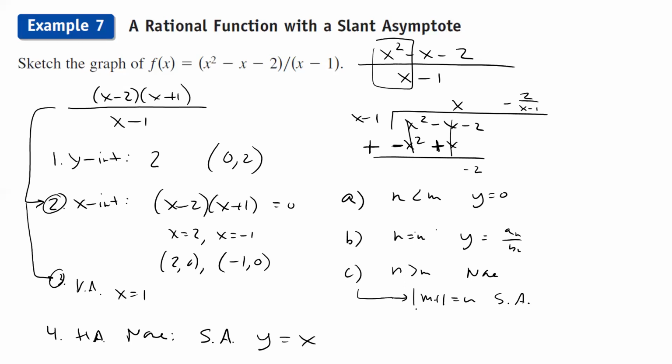Perfect. If it meets condition C, if you add 1 to the exponent of the bottom one and it's the same as the top one, that's when you get a slant asymptote. So Dylan, only if there's a difference of 1: you take the top exponent, subtract the bottom exponent, you get 1, then you have a slant asymptote.